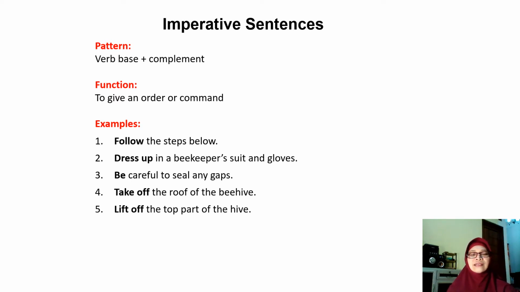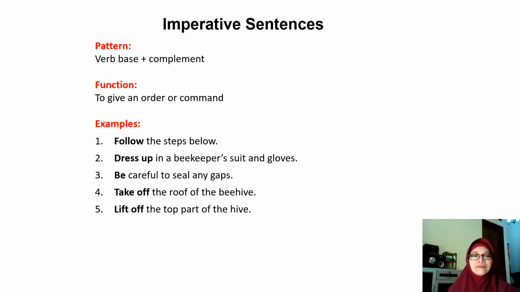Now look at the examples of the imperative sentences below. Please look at the bold type of the sentence. Follow the step below. Follow, we call it verb base or verb 1 without 2. And then the complement, here is the step.